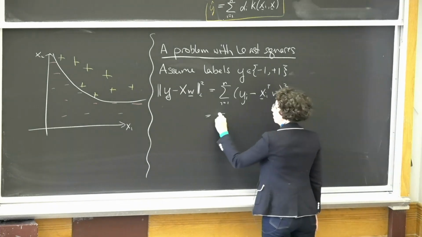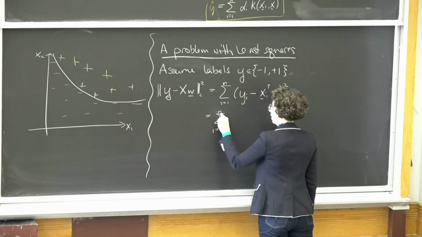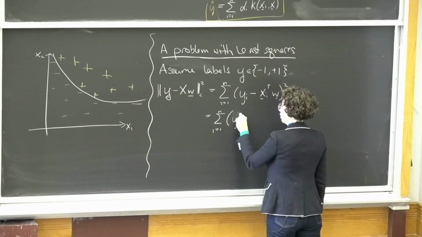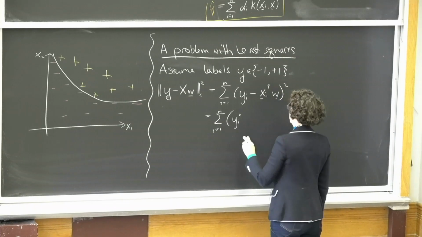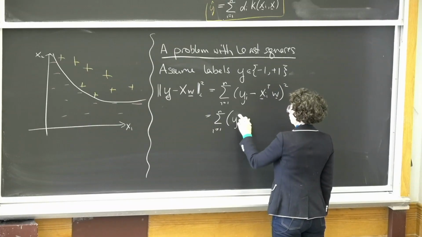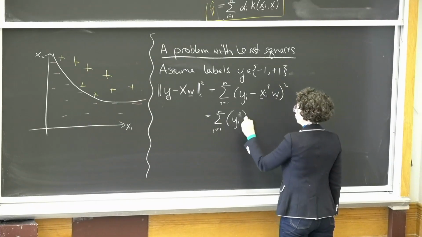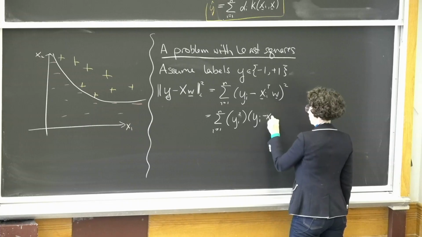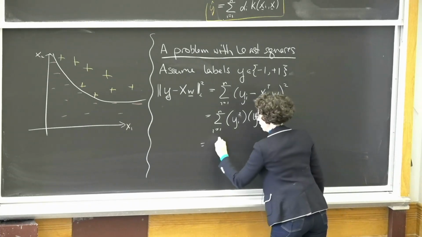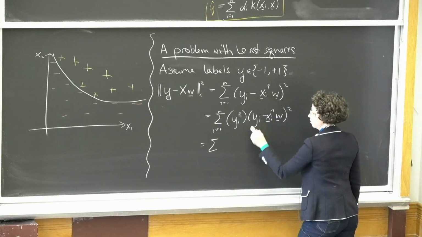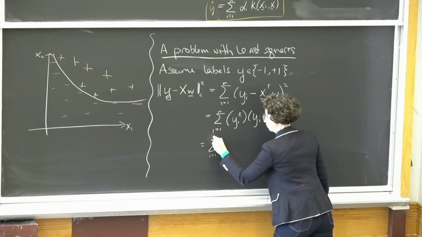So this is the same as the sum from i equals 1 to n of yi squared times (yi minus xi transpose w) squared, which is the same as pulling the yi into the square.